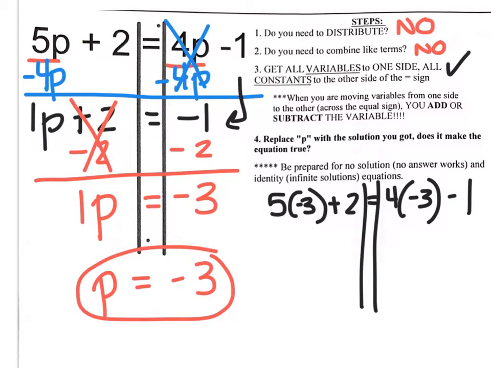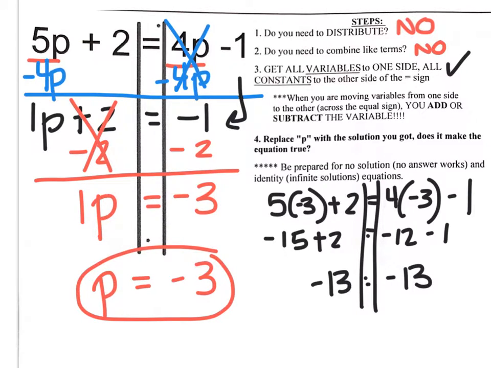So 5 times negative 3 is a negative 15, plus 2 gives me a negative 13. And I get a negative 13 on the other side. I get a true statement. So we know that we were correct. Let's look at our next one.